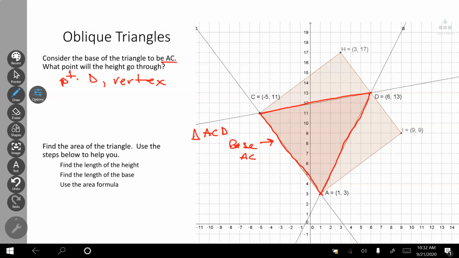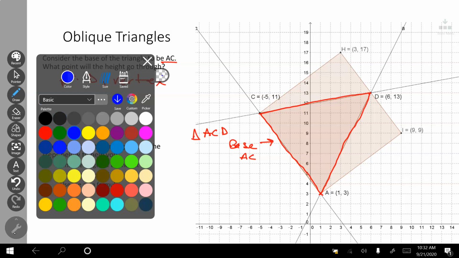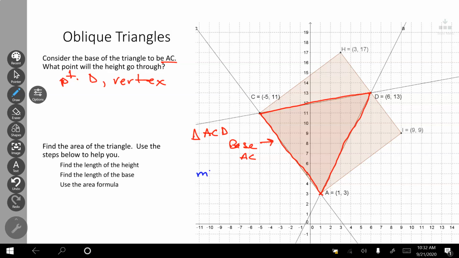So I had to figure out what's going on here. So I better figure out the slope of AC, which is change in y over change in x. The change in y is 11 minus 3, and the change in x is negative 8 minus 1. I get 8 over negative 6. So my slope of line AC is negative 4/3.